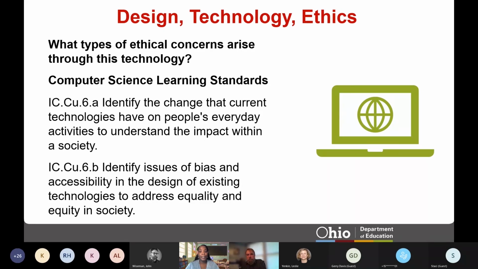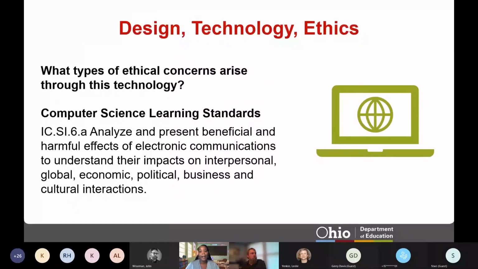For CU6B, we can look at the design of the precision agriculture technology for issues of bias and accessibility to address equality and equity. And for SI6A, after learning about precision agriculture from different perspectives, students should be able to analyze and present the beneficial and harmful effects of this technology and understand their impacts.